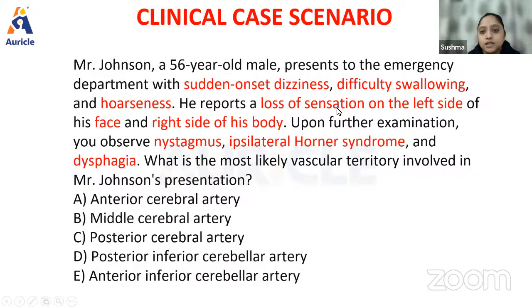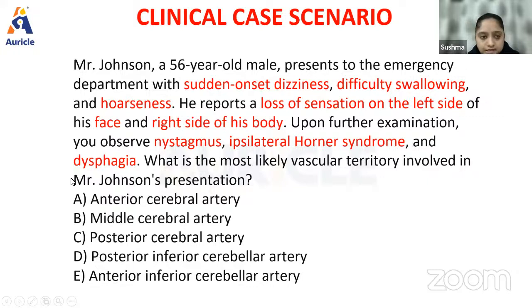He reports a sudden loss of sensation on the left side of the face and right side of his body. Upon further examination, we observe nystagmus, ipsilateral Horner syndrome, and dysphagia also. What is the most likely vascular territory involved? Now, guys, look at the different symptoms that he has. He has difficulty in swallowing and hoarseness of voice.